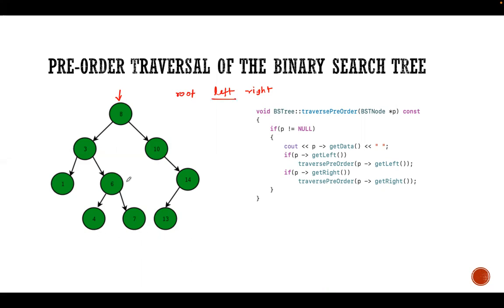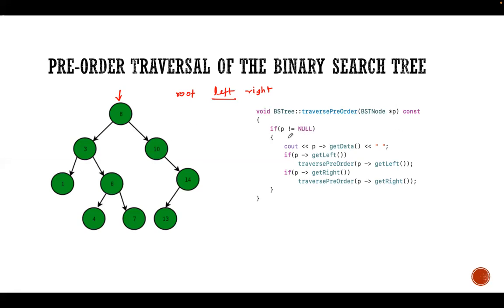We'll complete the subtree with pre-order traversal. Then we are going to go to the right. Now, if right is another subtree, we are going to continue with our pre-order traversal with the right subtree.